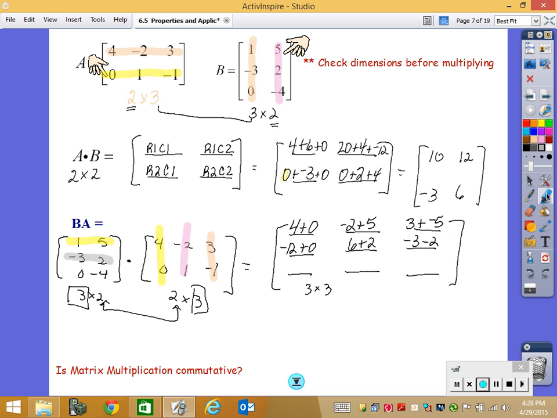And then I have my last row by each column. 0 times 4 plus negative 4 times 0. 0 minus 4. 0 plus 4. Results in 4. 12, 8, negative 5, 0, negative 4, 4.